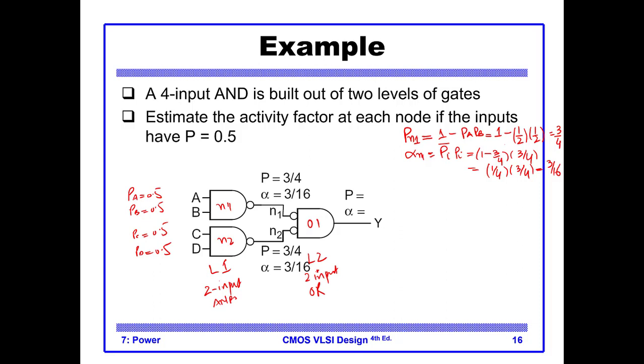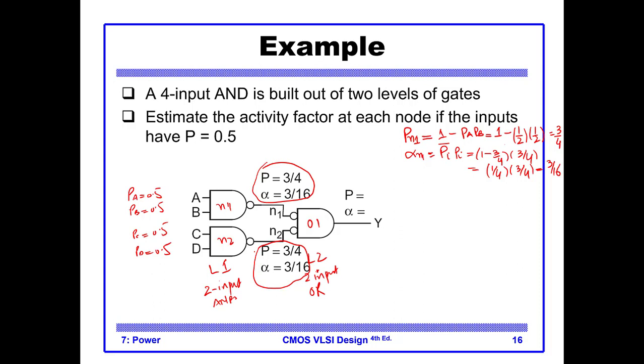This is the same for NAND 1 and for NAND 2. The probability of the output being high is 3 by 4 and the switching activity is 3 by 16.